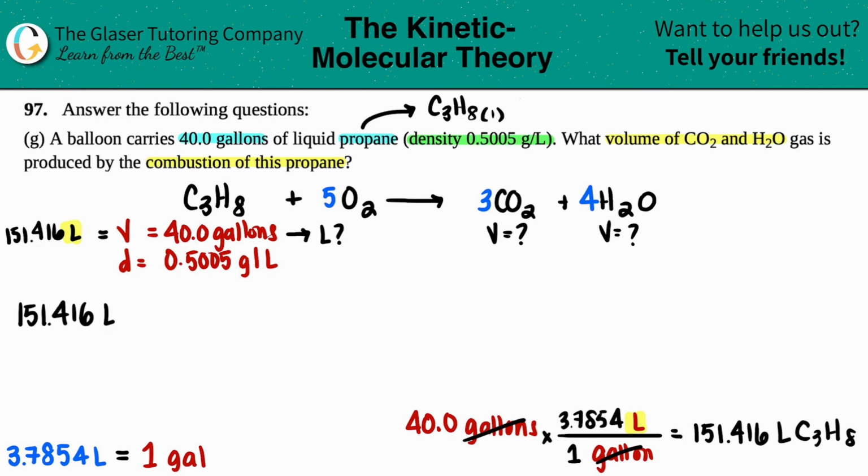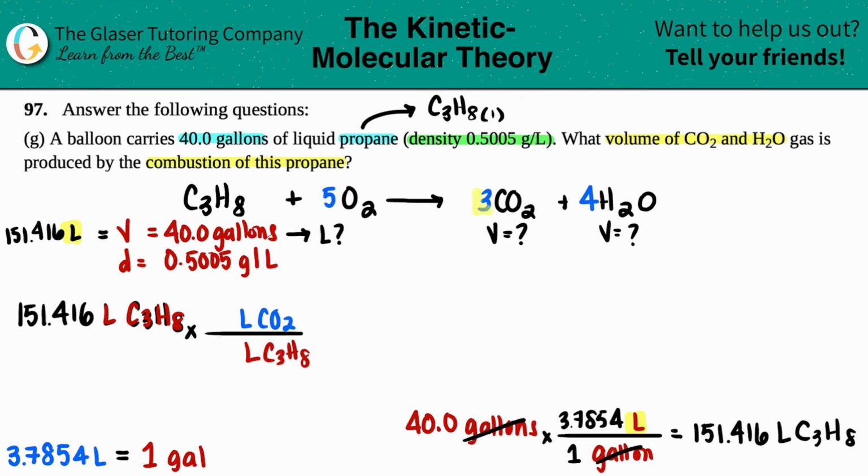151.416 liters of propane, and it doesn't matter who you go to first. Let's go to CO2. So times by that ratio, right? All we're doing is converting. Liter of C3H8, I don't want that anymore, so that goes on the bottom because I want to cancel it out. And we're going to put liter of CO2 up on the top. This is just, remember, a multiple conversion, so we're going to use our coefficients.